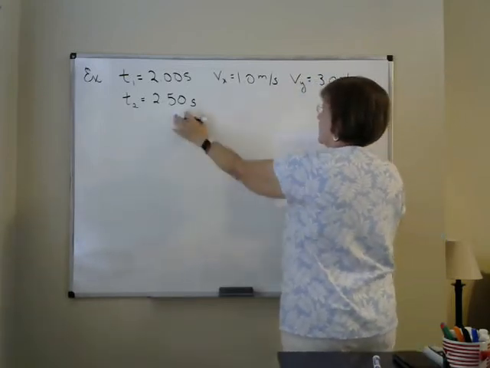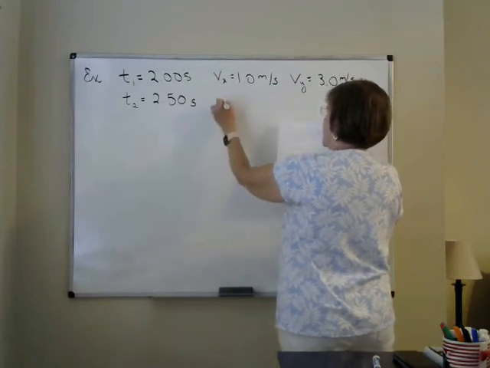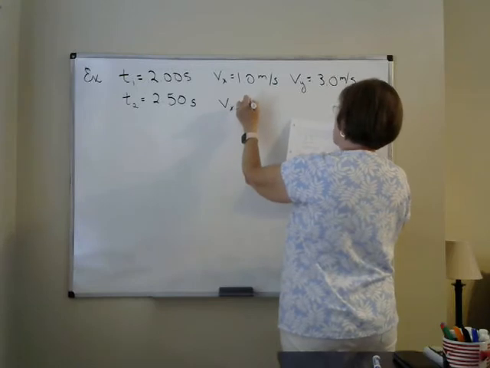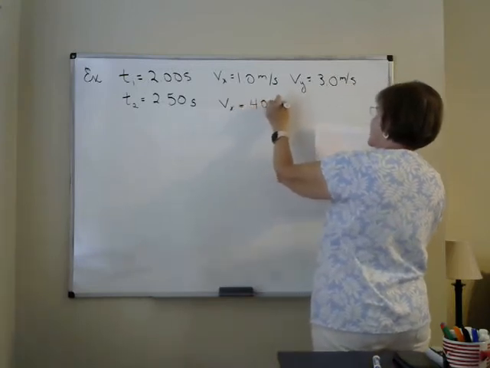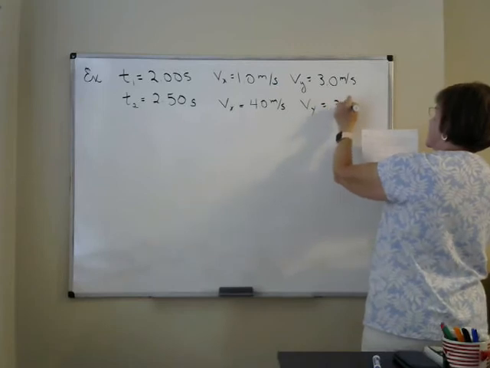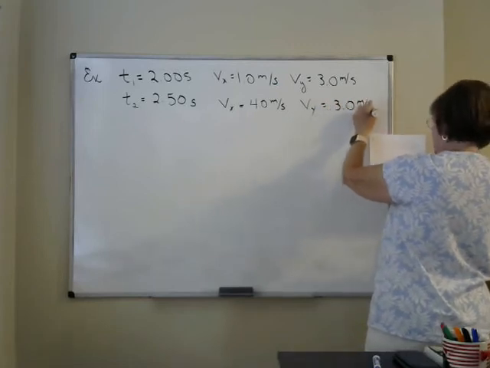At time 2.5, that's t2, the x component of the velocity was 4 meters per second, and the y component of the velocity was 3 meters per second.